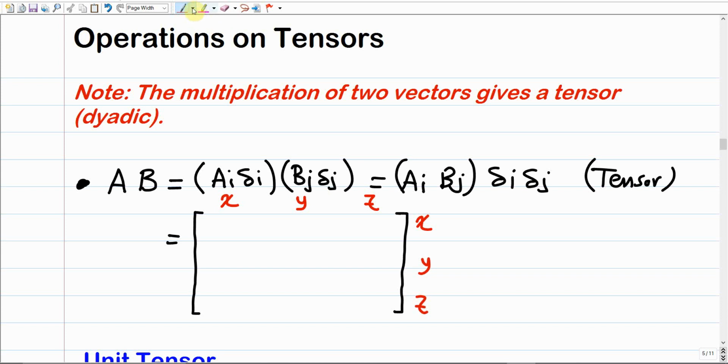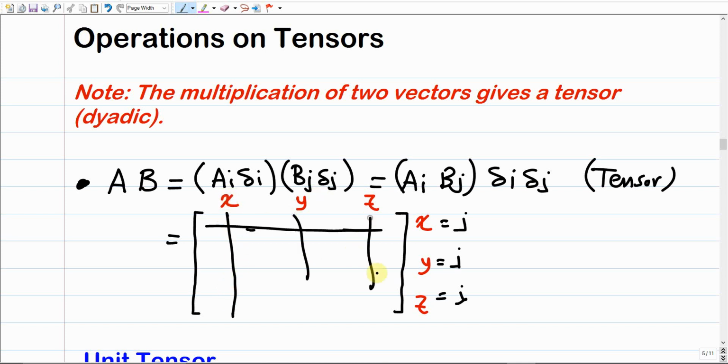Agree? Remember that i refers to the row number. So over this row, i is X; here i is Y; here i is Z. For the columns, this gives us j: j equals X, j equals Y, j equals Z.